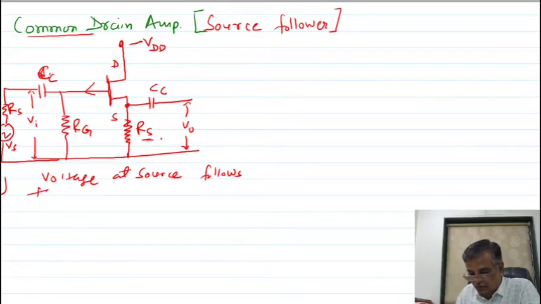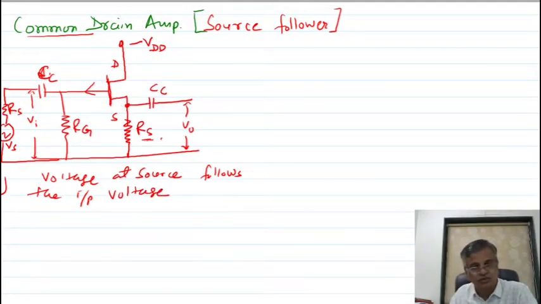Listen to the words: the voltage at the source always follows the input voltage. Due to this reason, this circuit is called a source follower.